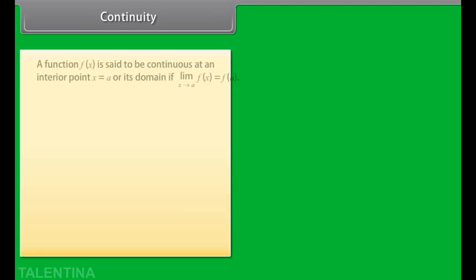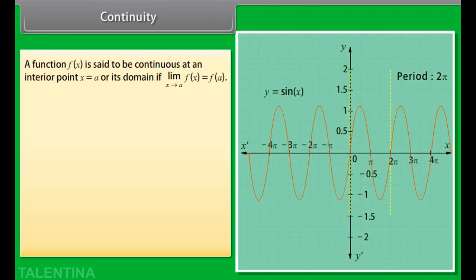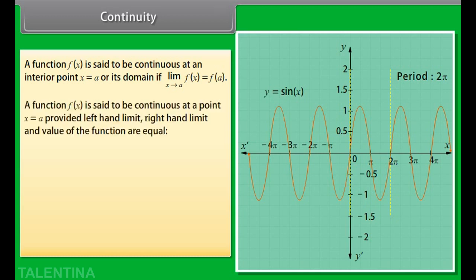Continuity. A function f(x) is said to be continuous at an interior point x equal to a, or its domain, if limit x tends to a, f of x is equal to f of a. In other words, a function f of x is said to be continuous at a point x equal to a, provided left-hand limit, right-hand limit and the value of function are equal.